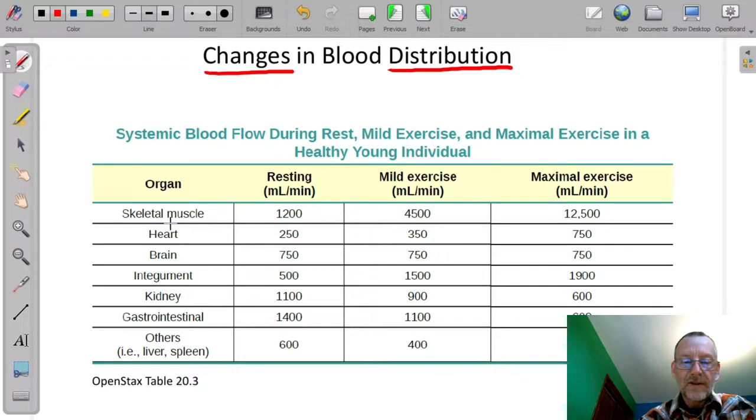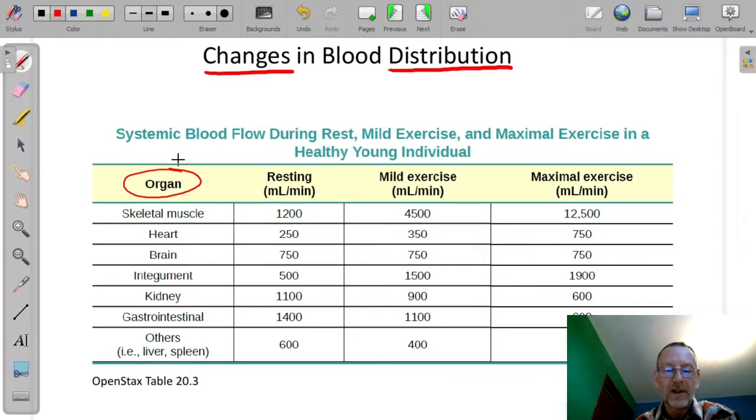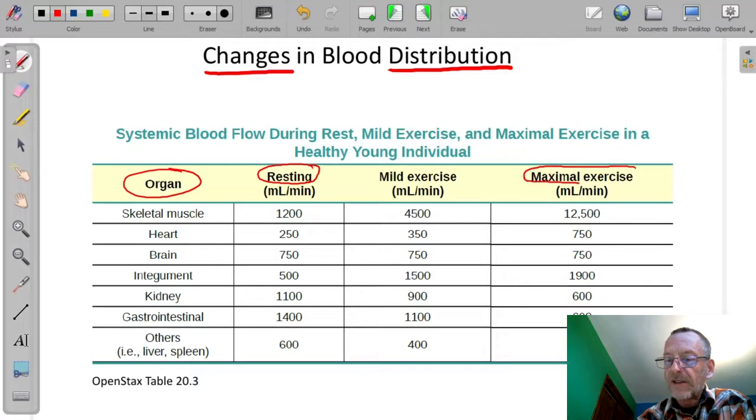So we have different tissues on the left, and this is a chart looking at the amount of blood going to those different organs. And we are at rest. It's all in mils per minute of delivery. So there's resting and then there's exercise. So let's just take the extremes, rest and maximal exercise, and just look at the distribution changes.